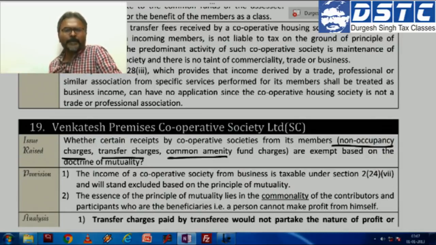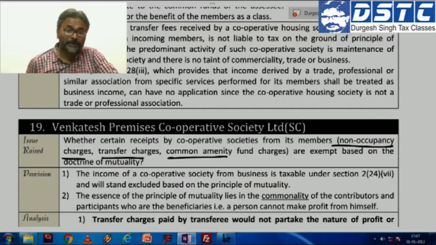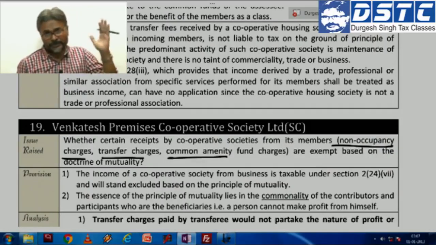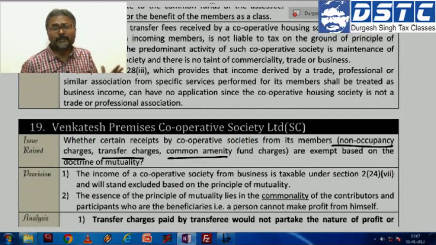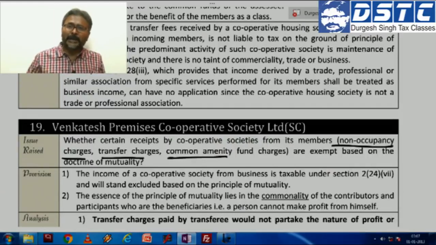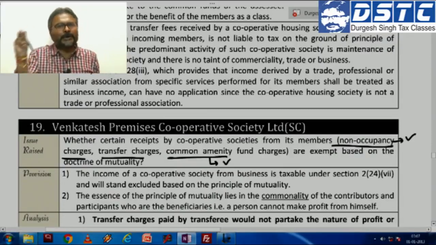And the common amenity, students, for the huge repairs and all, there is a common amenity fund which has been earmarked. So whether that common amenity fund which is earmarked, will that be considered for the purpose of your mutuality principle? See, this was fine because both of them were for members only.